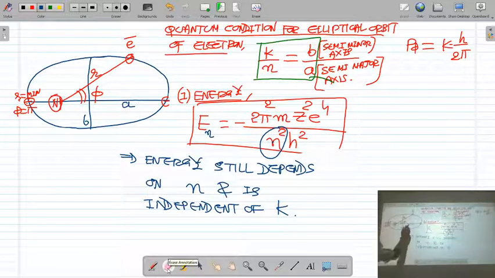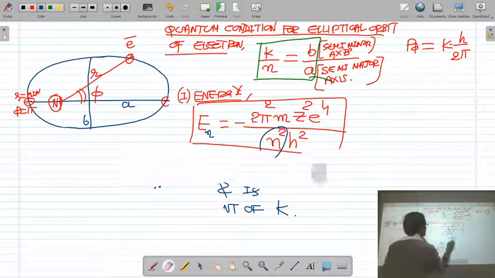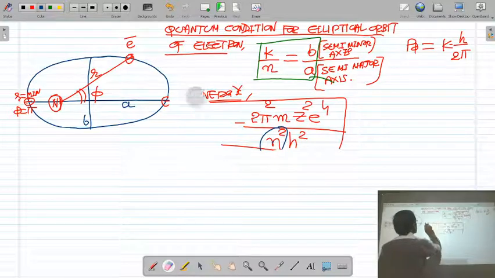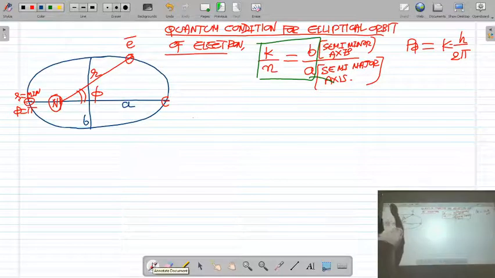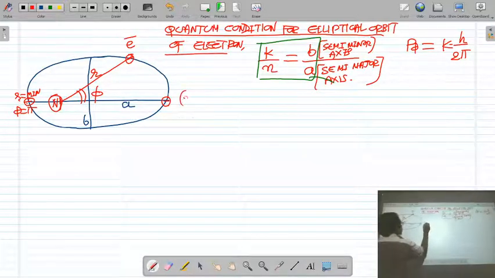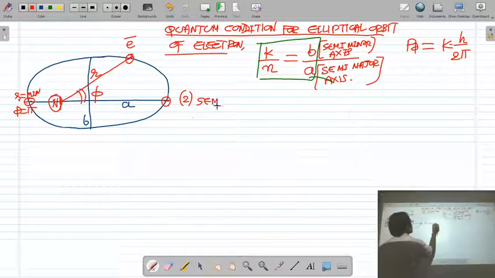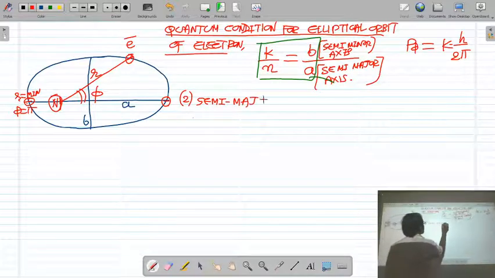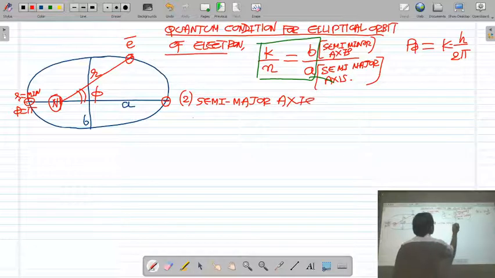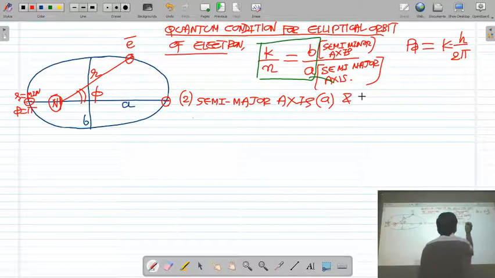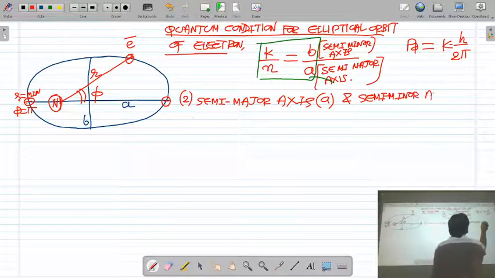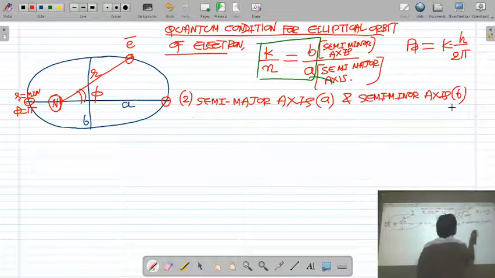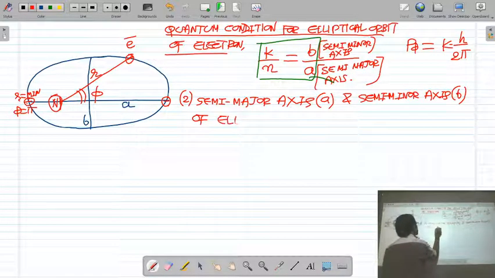Now we will obtain the expression for the semi-major axis A and semi-minor axis B of the elliptical orbit.